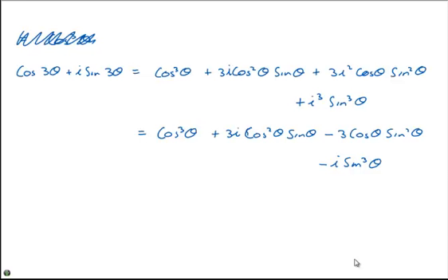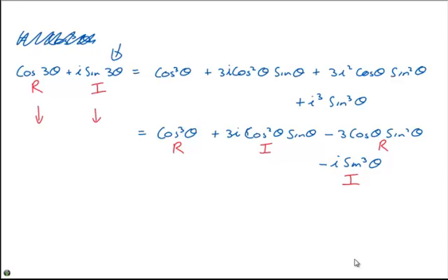We're almost there now. What was the purpose of all of that? Well, this is real and this is imaginary, and of course they have dropped down. This is real, imaginary, real, imaginary. Our question asked us to show that sine 3 theta was equal to something else. Now we have a sine 3 theta here, and it's an imaginary part, and it's in an expression or a formula or an identity.